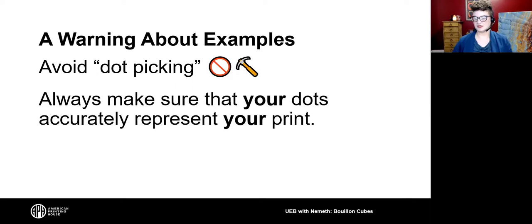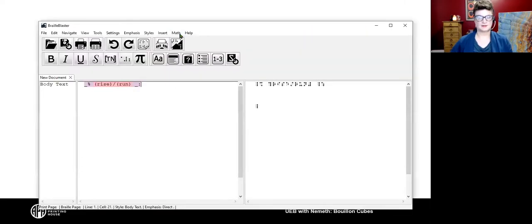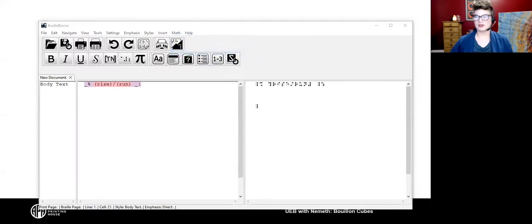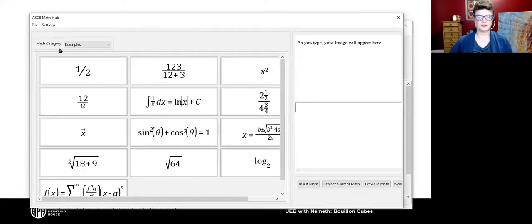This is very much related to what we were looking at in the Braille Blasters ASCII Math Hub. I told you that I use the ASCII Math Hub's math category examples on a regular basis because I can choose an example that uses the same codes and materials as the print that I have. For example, rise over run is a fraction.